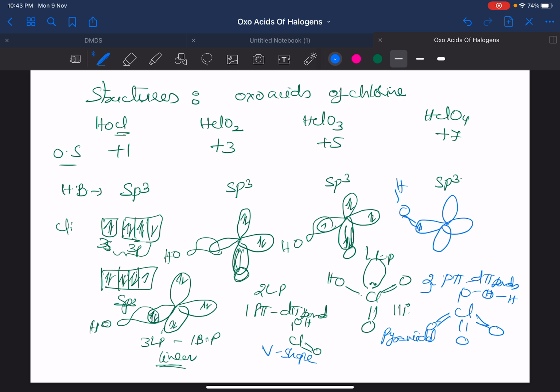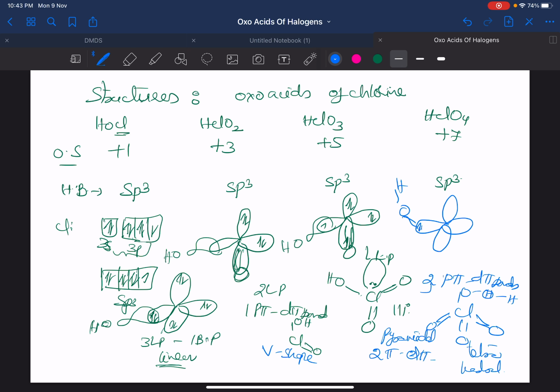In chloric acid there are 2 p pi d pi bonds, and in chlorous acid 1 p pi d pi bond. So it is a tetrahedral structure.